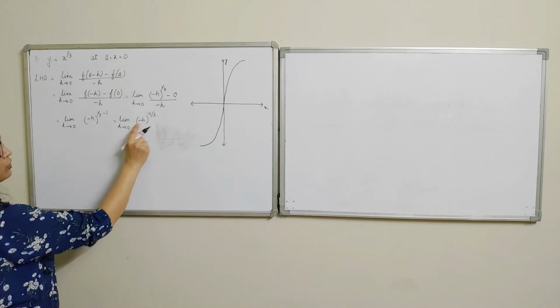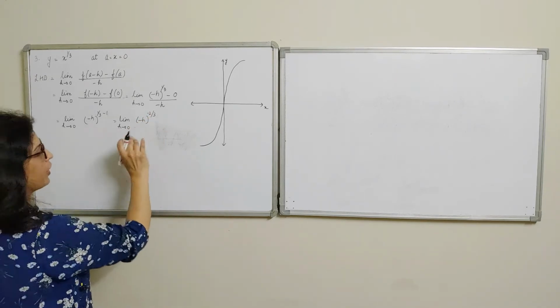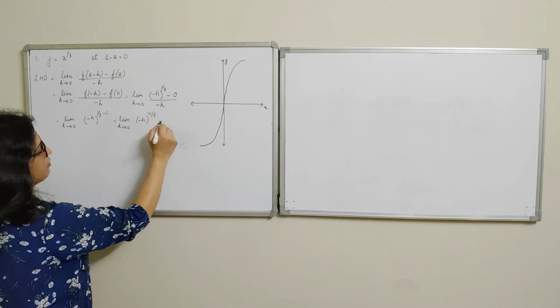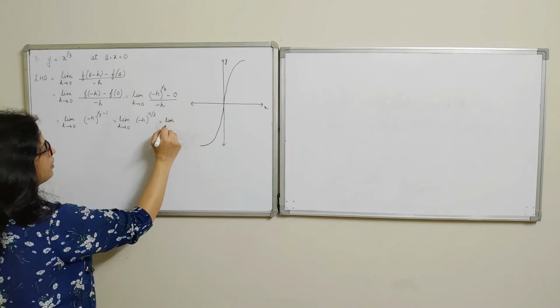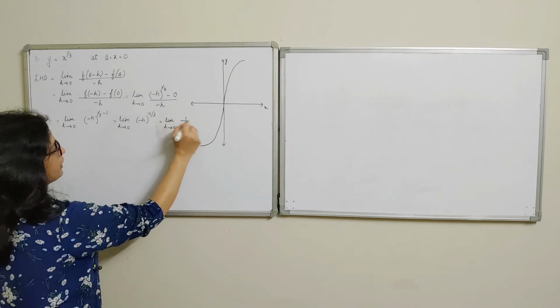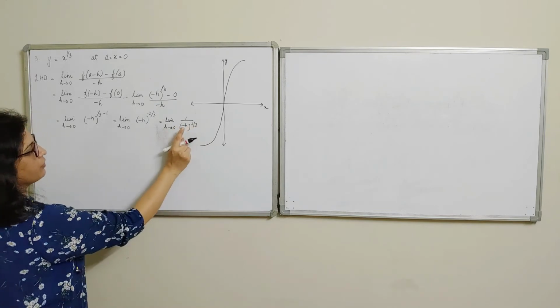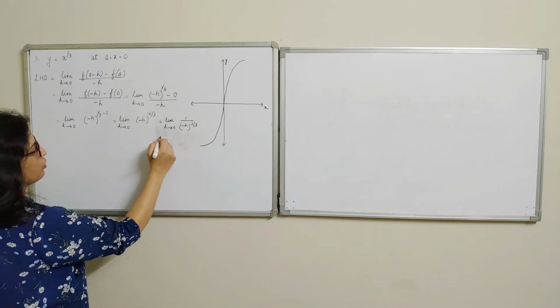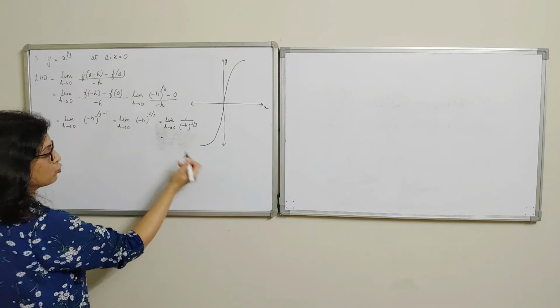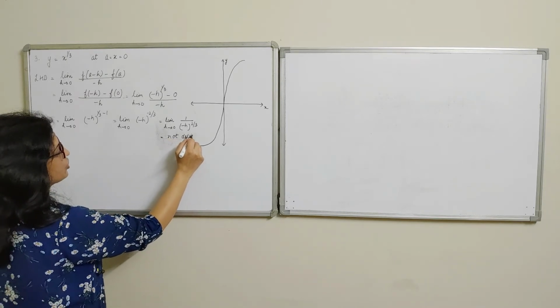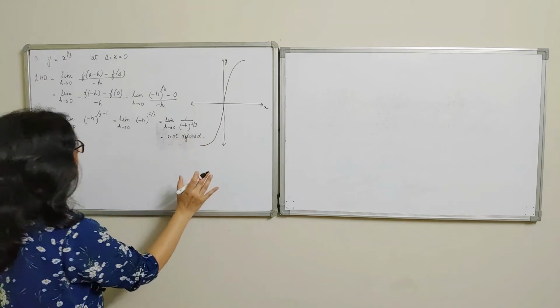So here if you think you directly substitute h is equal to 0 and it turns out to be 0, then let's wait, because the power is negative. First of all, let's make the power positive, writing it down like this. Now here when we substitute h is equal to 0, this limit basically is not defined. The limit of this function is not defined.